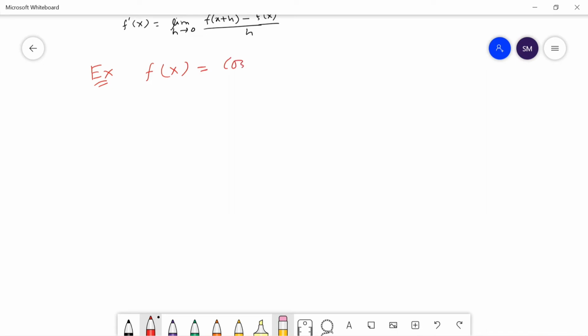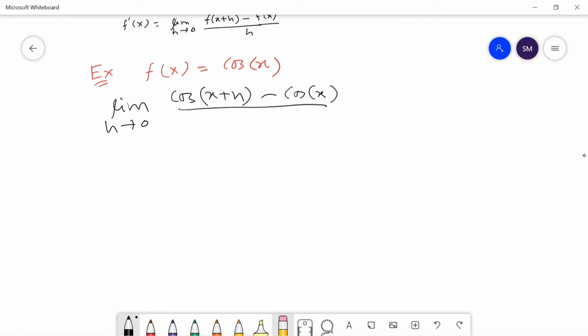F of x is equal to cosine x. In this case, limit h tends to 0 of cosine of x plus h minus cosine x over h.